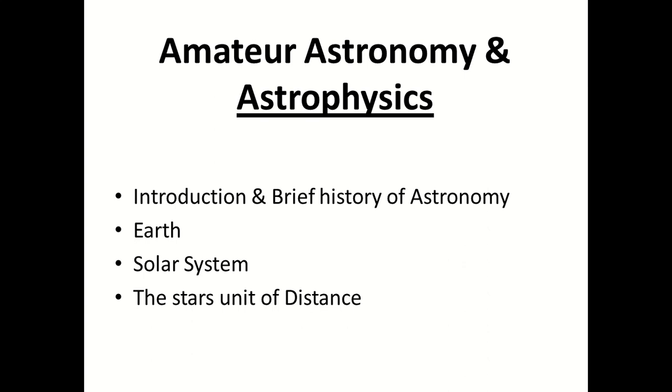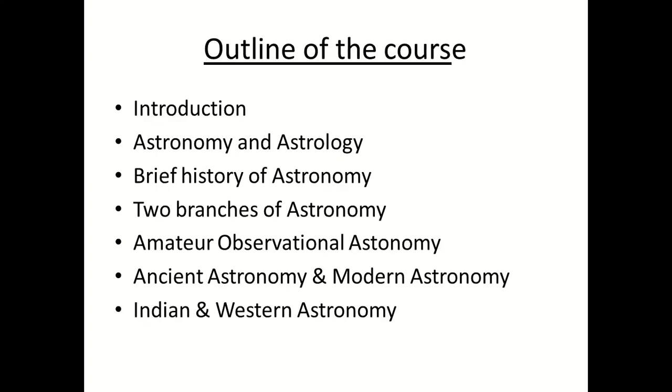So the first chapter in this course is the Introduction and Brief History of Astronomy. In this chapter we will try to introduce these things: astronomy and astrology, the brief history of astronomy, the 2 branches of astronomy, namely theoretical astronomy and observational astronomy.